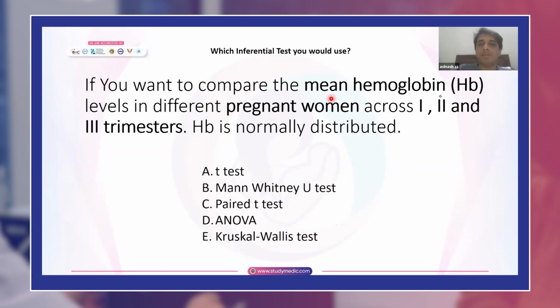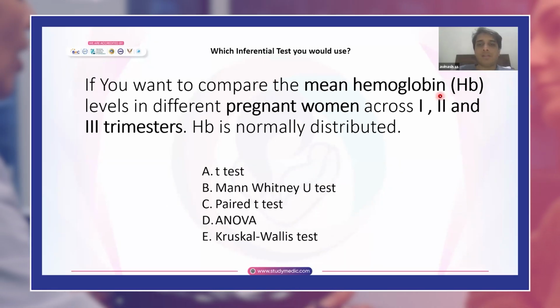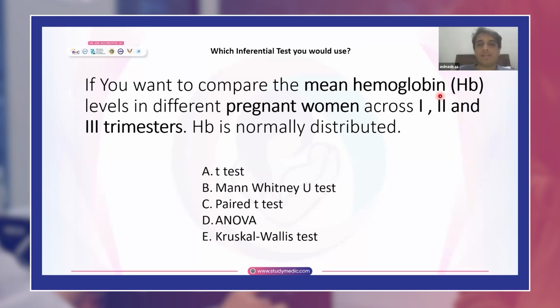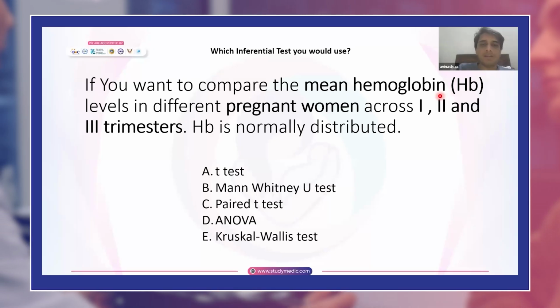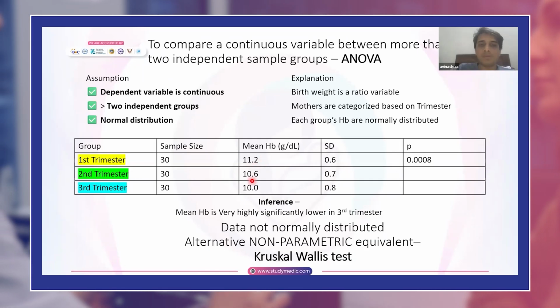It is an extension of the independent t-test. You can see hemoglobin is 11.2 grams per deciliter in the first trimester, and it is less in the second trimester and still less in the third trimester.